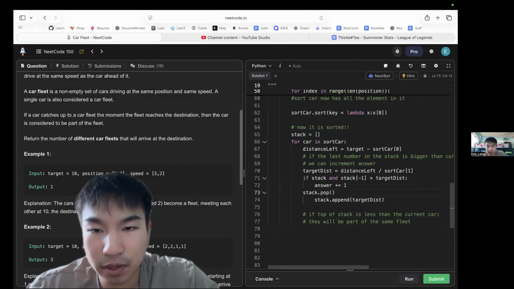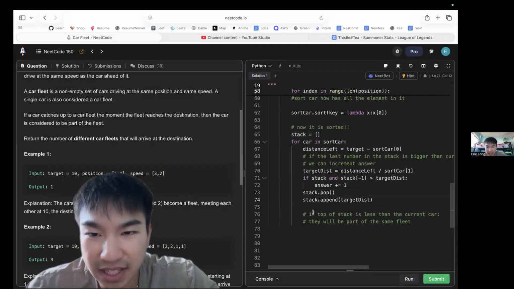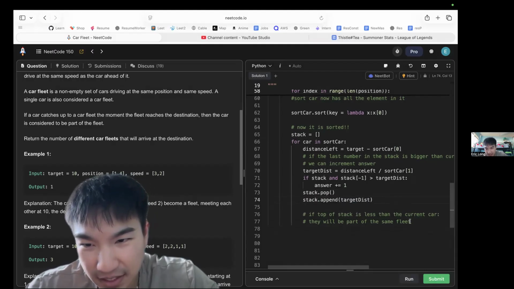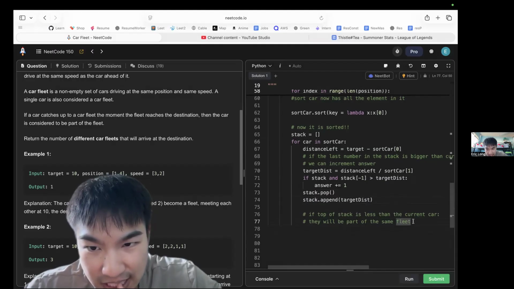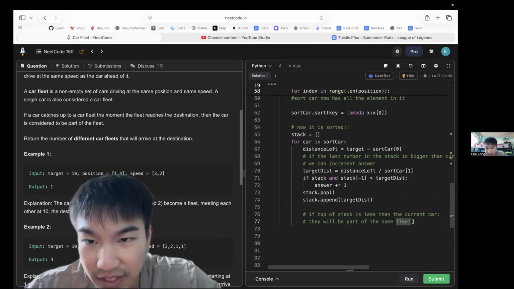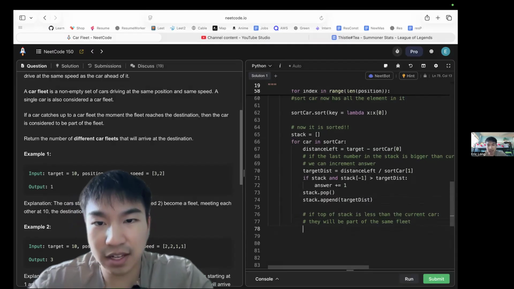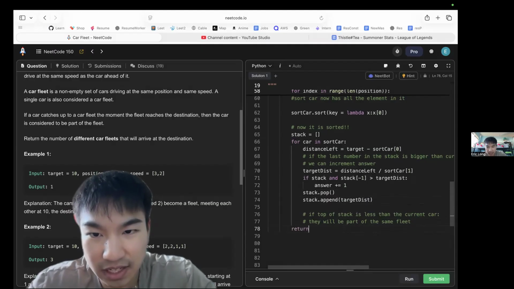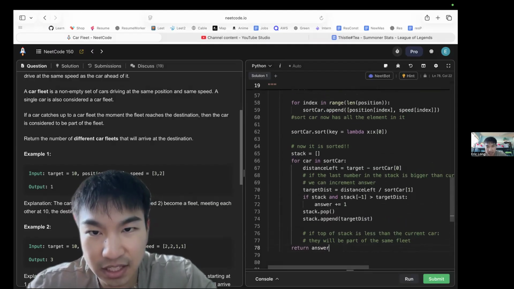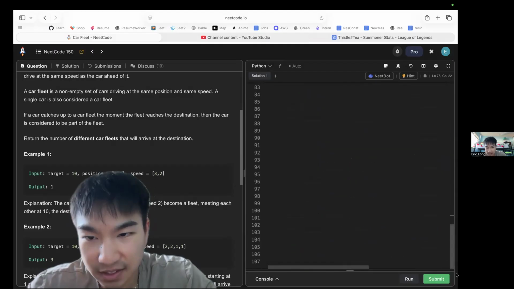My gut is telling me that's not the point of a stack, but let's try this. We don't have to increment answer. And with that, I think we can just return answer, and that should work. Let's go see.